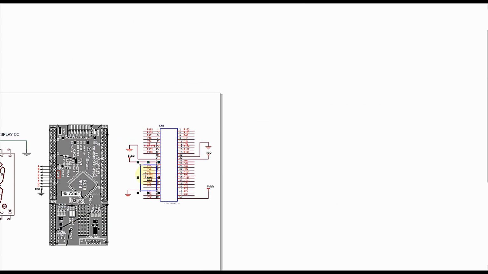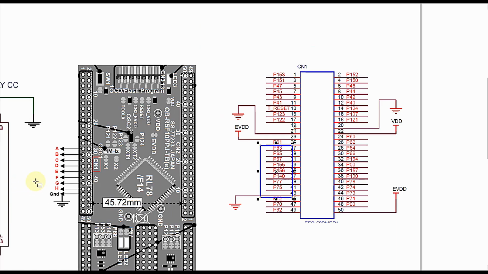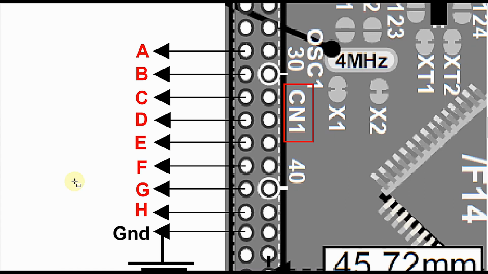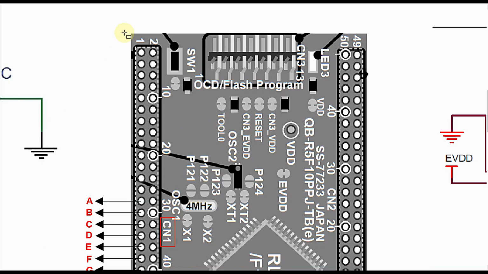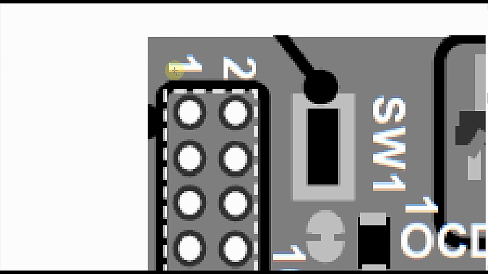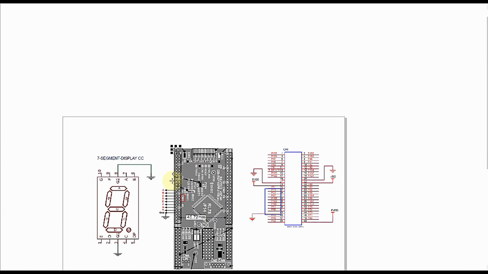So coming to the actual development board, you can see here is the CN1 connector, and here is the pin number 1 of this CN1 connector. You can clearly see this is the pin number 1 of the CN1 connector.